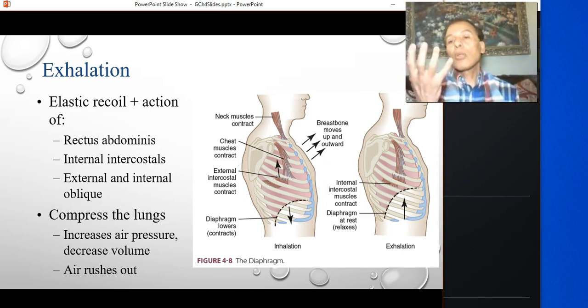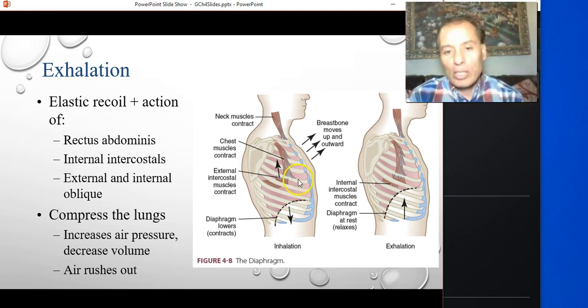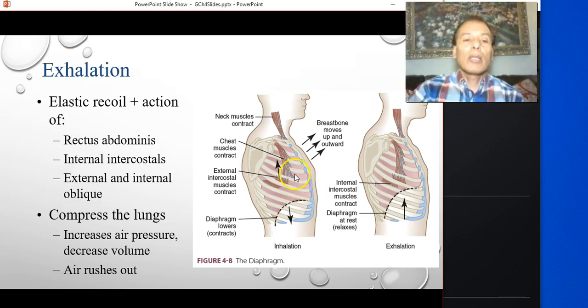So elastic recoil enables the muscles that had been stretched, had been activated in inhalation, to come back again and regain their shape, become smaller, and compress the lungs and make the volume less.